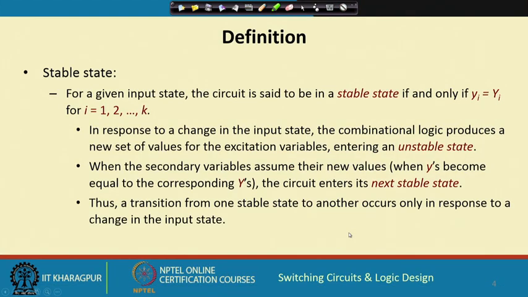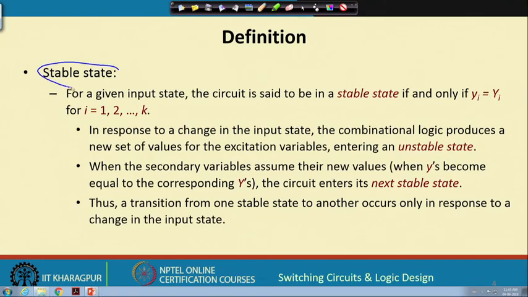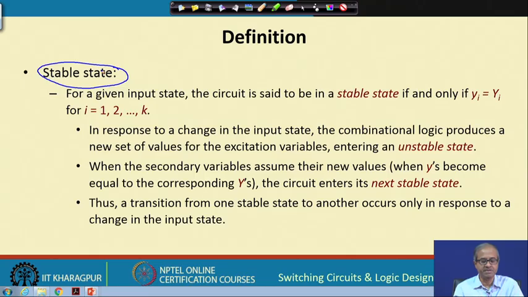So, let us go into the definition. We define something called stable state. For some given input combinations, we say that this circuit is in a stable state when these capital Y's are all copied to the small y's for all the secondary state variables.